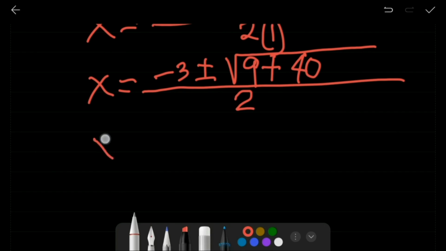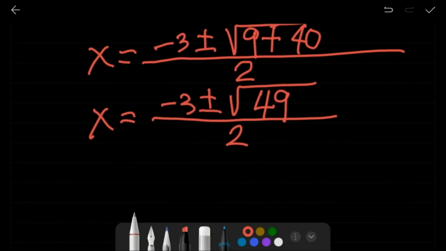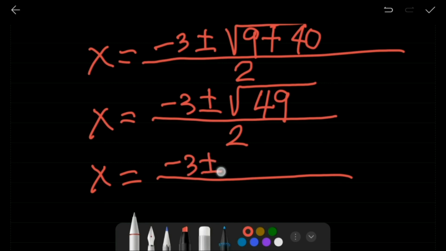So x equals negative 3 plus or minus the square root of 9 plus 40 is 49 over 2. So x is equal to negative 3 plus or minus the square root of 49, which is 7, over 2.